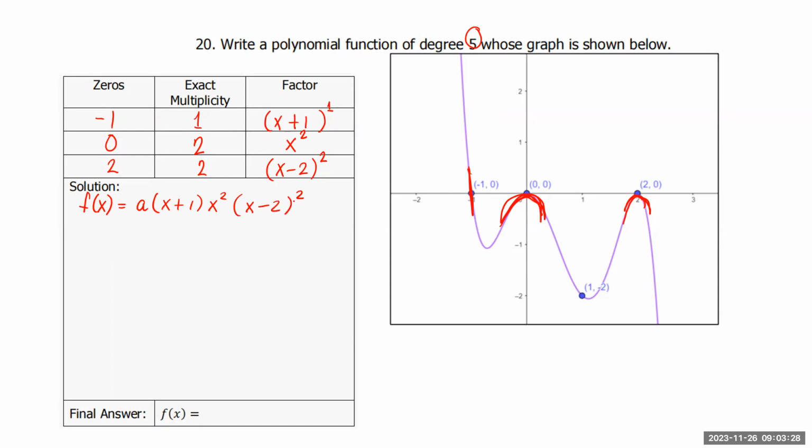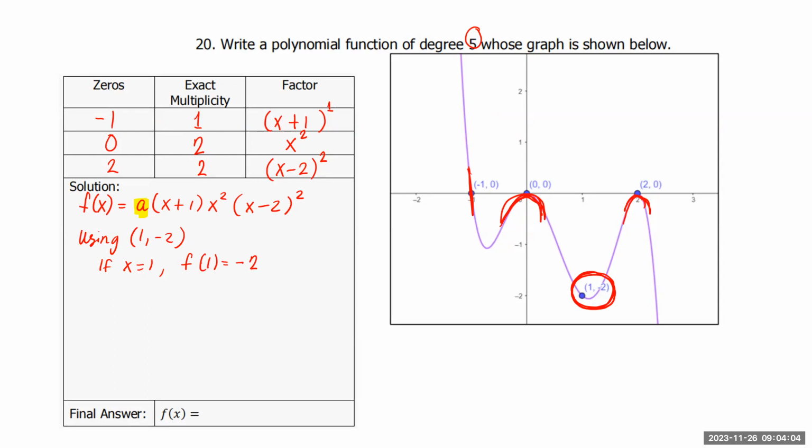we need to solve for the value of a. How do we solve for the value of a? Since we have here a given point, (1, -2), we will be using that. Using (1, -2), this means that if x equals 1, the value of f is equal to -2.